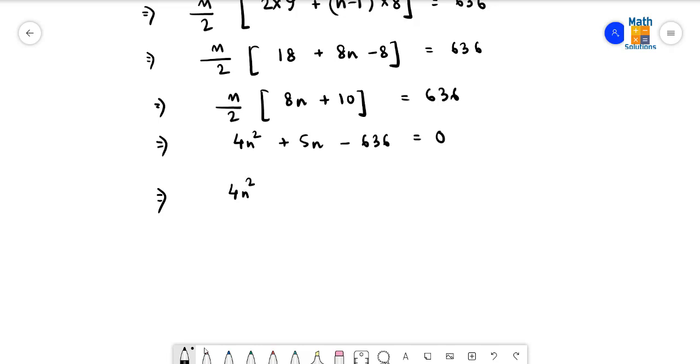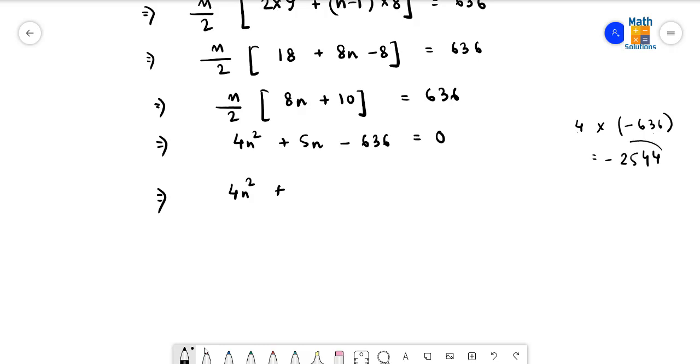So 4n square plus, in place of 5n, we have to check the product of the coefficient of n square and the constant term, which is 4 times 636, that is 2544.